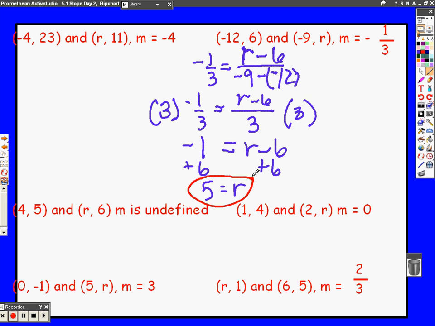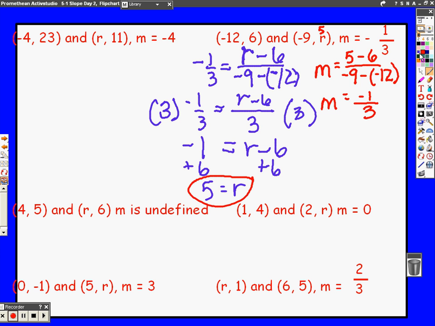All right, to check my work, I just use my slope formula, substituting in 5 for r, and I end up with m equals y2 minus y1 over x2 minus x1. Okay? 5 minus 6 gives me -1. -9 minus a -12 ends up with 3.